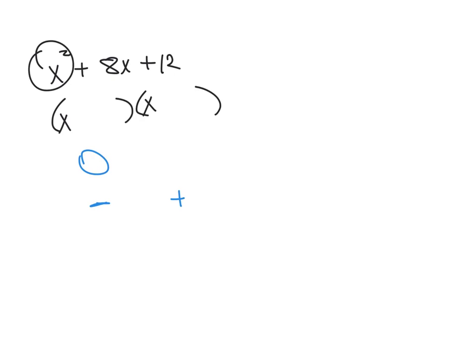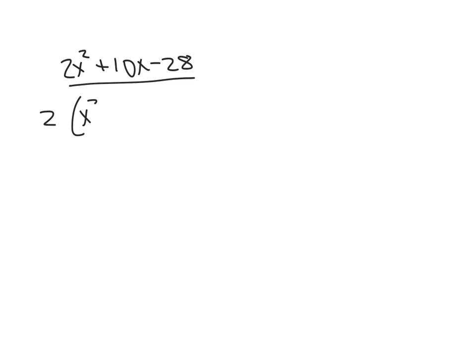Alright, let's move on to example 3. Example 3 gives us 2x squared plus 10x minus 28. Okay, problem. We have a 2 in front of there. We can't have one of those. But all of my numbers are even, so I'm going to factor out a 2.